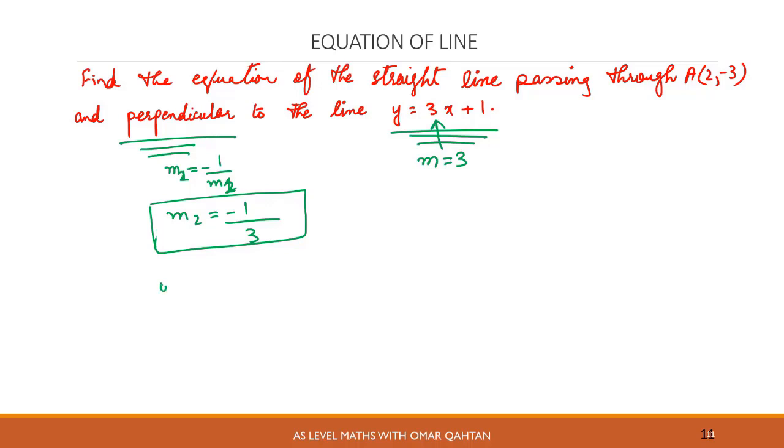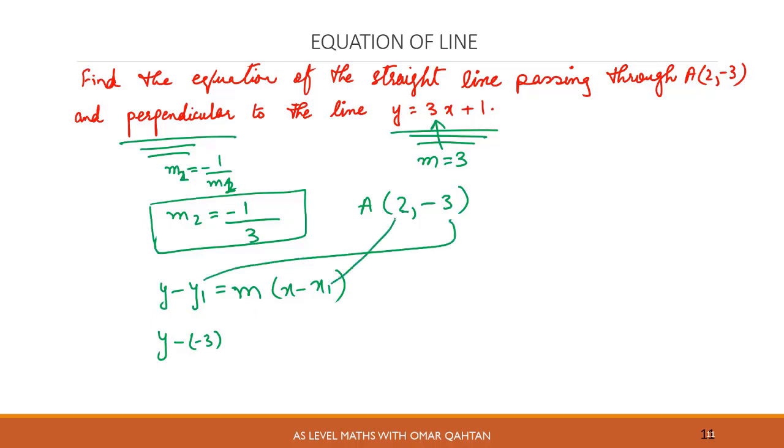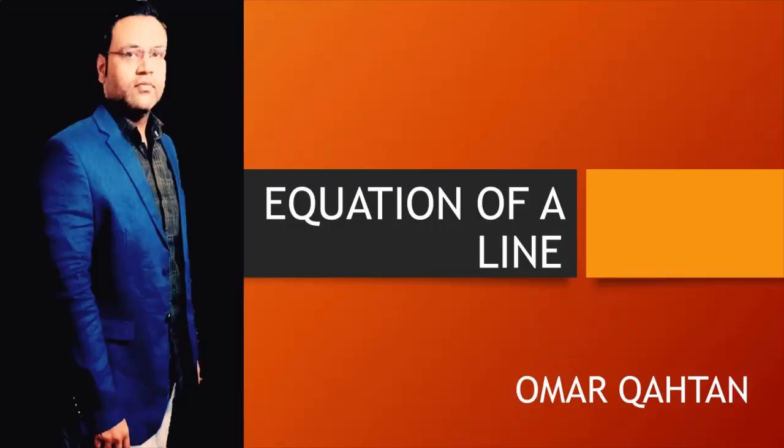Now we have also been given the point, that is (2, minus 3). So we have the general equation y minus y1 equals m times (x minus x1). So y minus minus 3, substituting x1 and y1 from this point A, m equals minus 1 upon 3, and this x1 is 2.